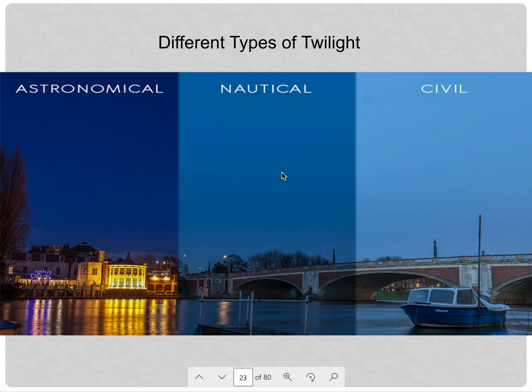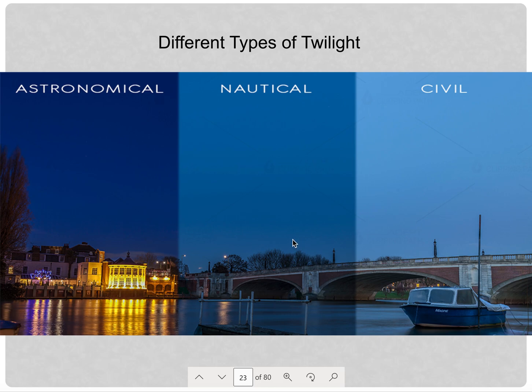Then this is nautical, and you'll see you get this nice teal color to the sky. But you also see how, now here the lights are reflecting on the surface of the water so you can't see through it. But here you get this very beautiful diffused look. So you still have sharp contrast without high contrast.